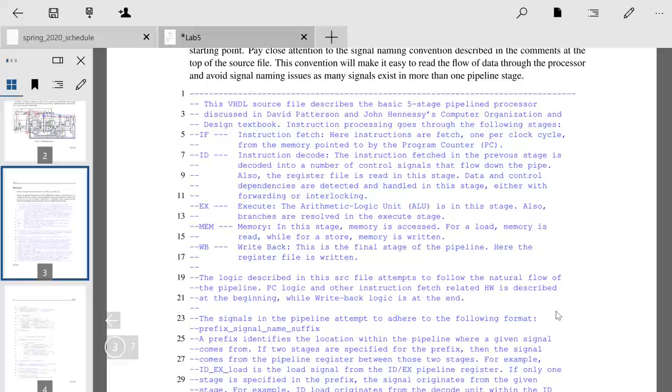Of course, the syntax of the language requires that you declare signals in one location, and you declare components in a particular location. But then within the architecture part of the file, you can instantiate components and have assign statements to signals and have process blocks in whatever order you choose.